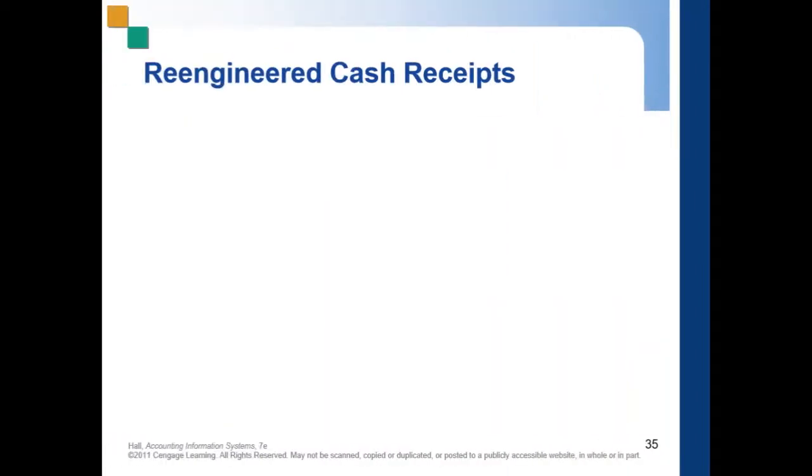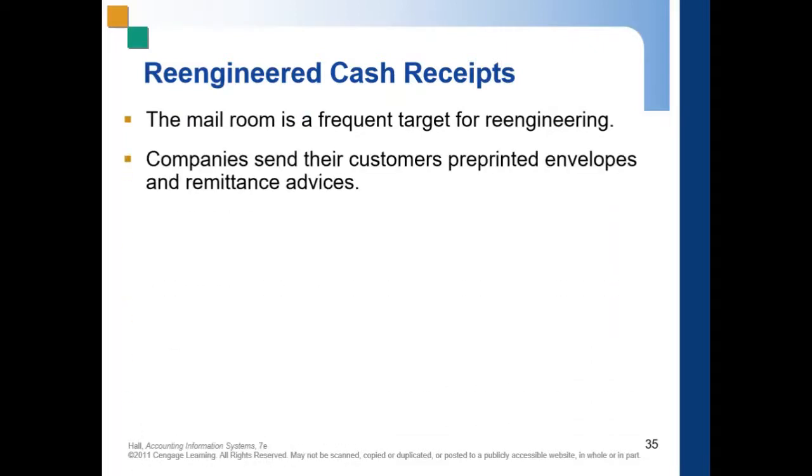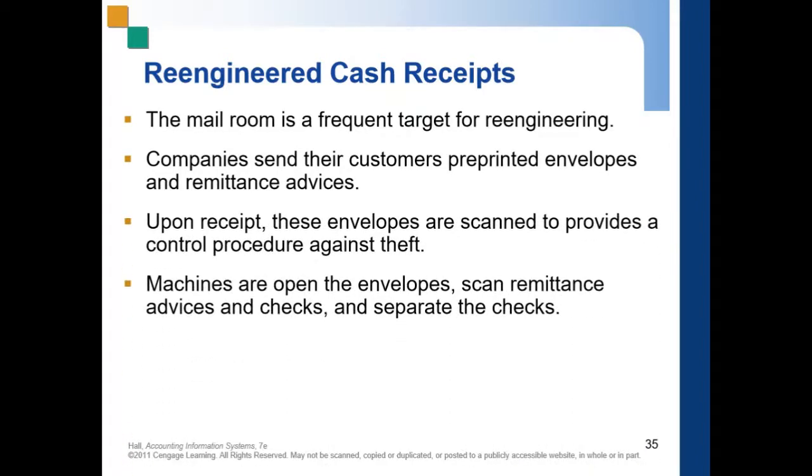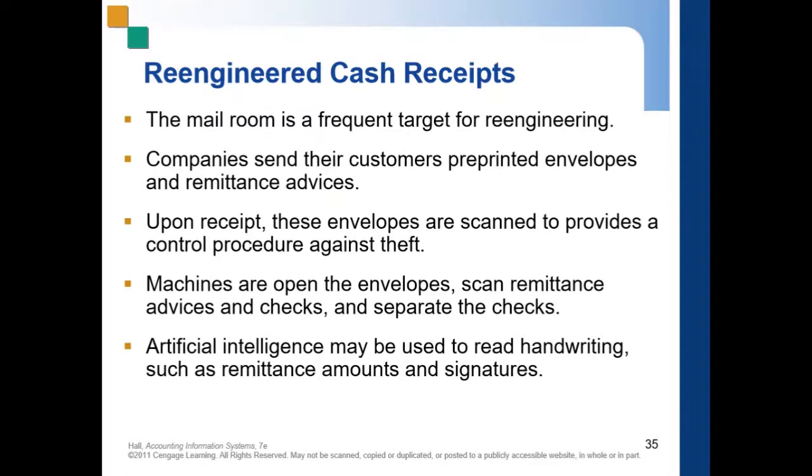Now, if your engineer cash receipts, usually, the main or frequent target for engineering sa cash receipts is the mailroom. Mailroom. Kay again, di ba, mailroom man to ang pinaka-highly risky when it comes to your cash receipts nga procedure.